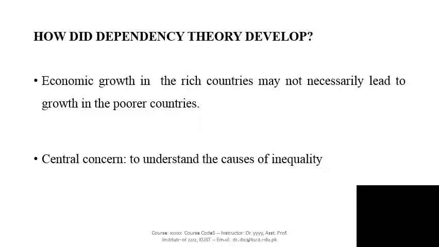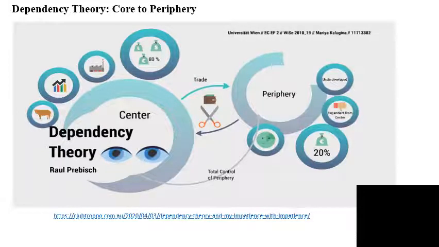Now, this image indicates how a core country or core countries control the periphery countries through this cycle of trade.